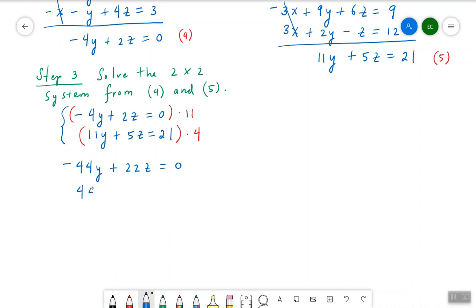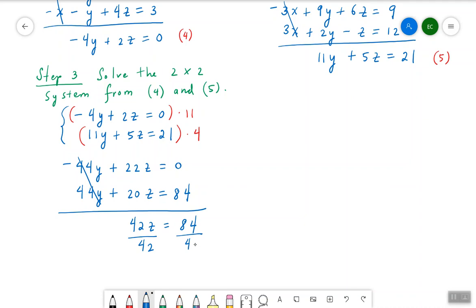And the second equation, 44y plus 20z is equal to 84. And when we add those together, we get 42z is equal to 84. So z is equal to 2.